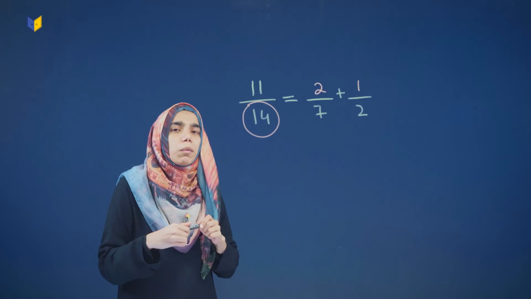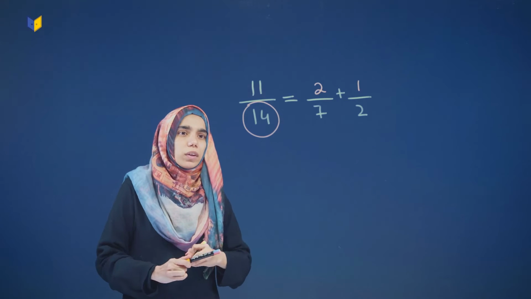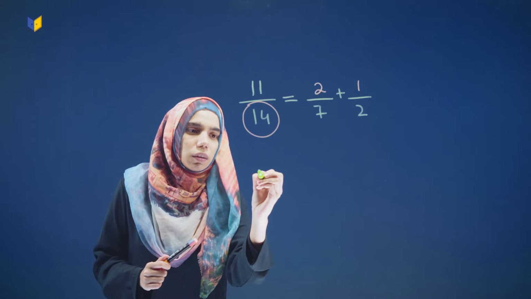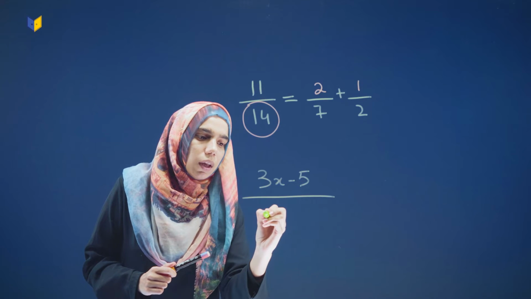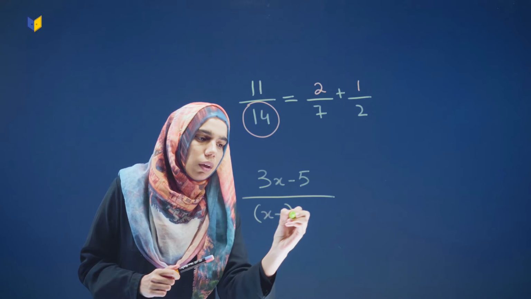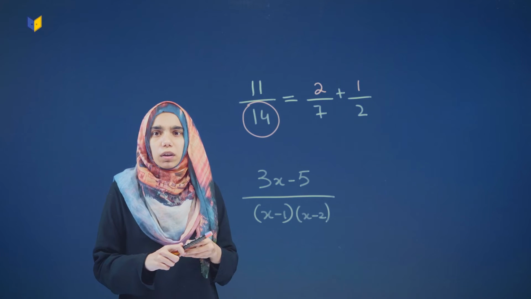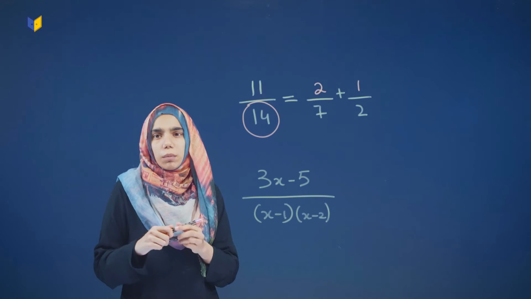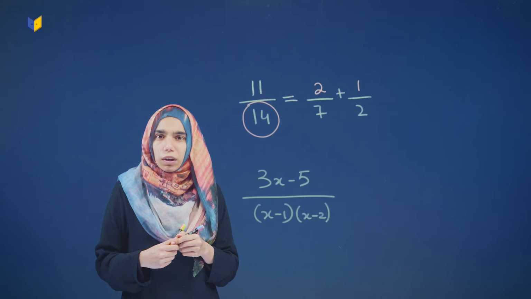In this topic, we will be focusing on fractions of polynomials. So for instance, we have a fraction, let's say (3x - 5) upon (x - 1)(x - 2). And this fraction I need to split into simpler or partial fractions. Again, the first question is how many fractions?